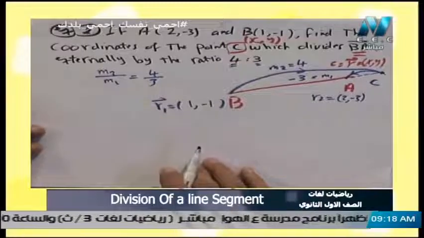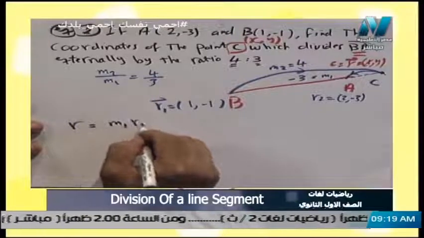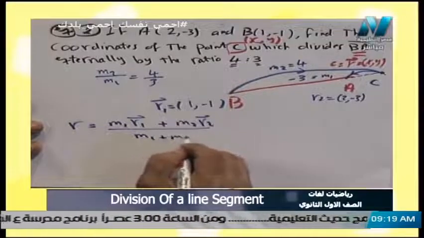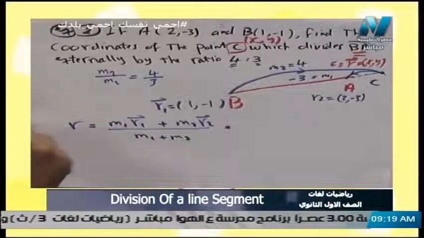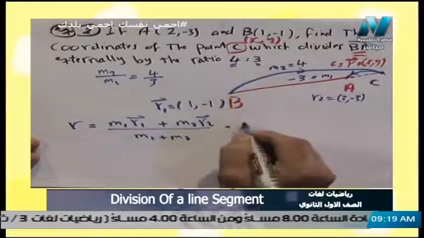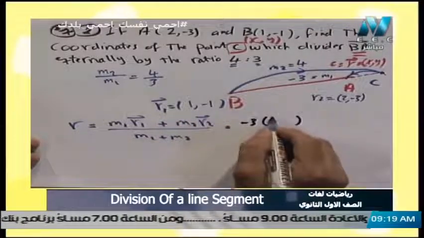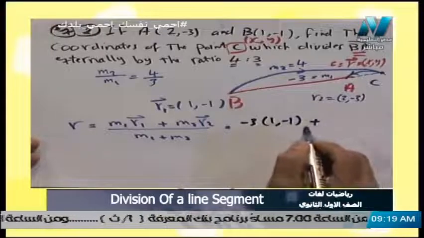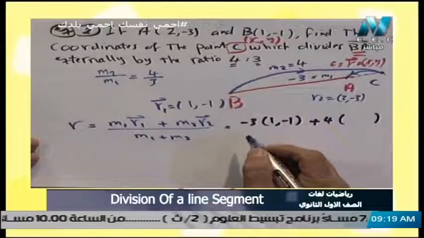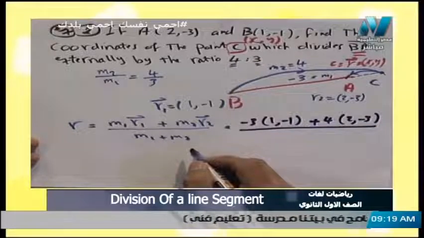Okay, by applying the rule, which is R equals (M1 R1 plus M2 R2) over (M1 plus M2), we will find that M1 here is negative 3, multiplied by R1, which is (1, -1), plus M2, which is 4, multiplied by R2, which is (2, -3), over M1 plus M2.